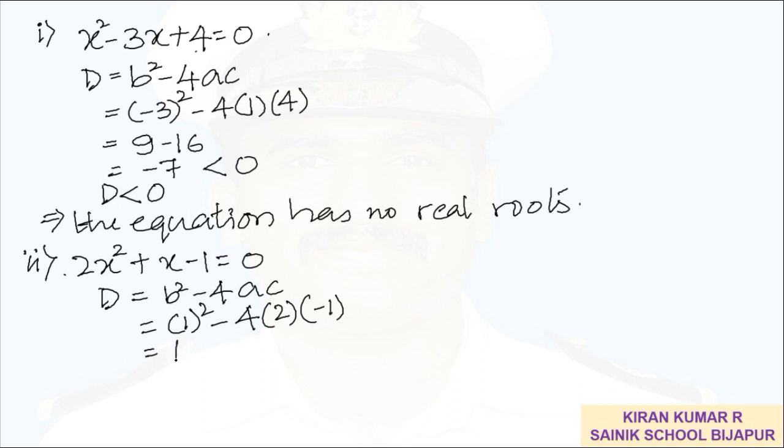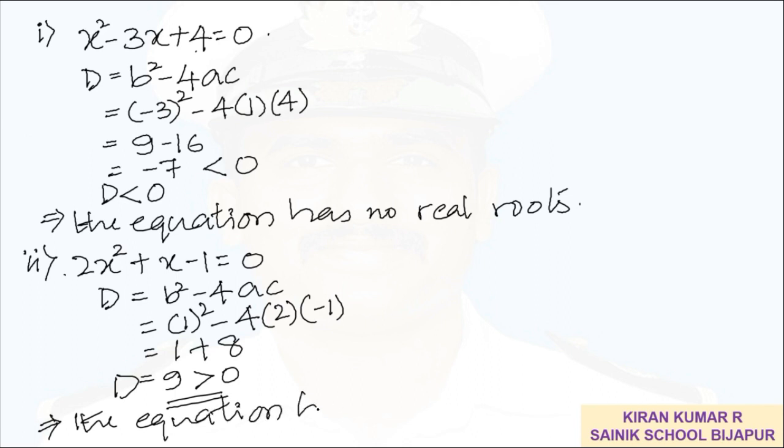You'll be getting 1 plus 8, nothing but 9. D value we are getting greater than 0. Whenever D value is greater than 0, I can say that the equation has two distinct real roots.